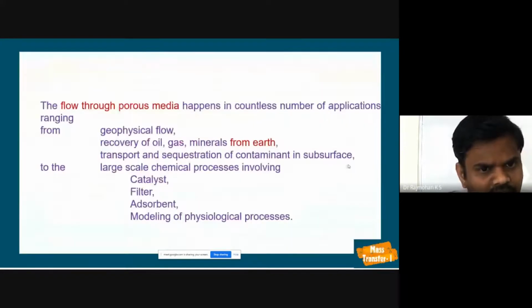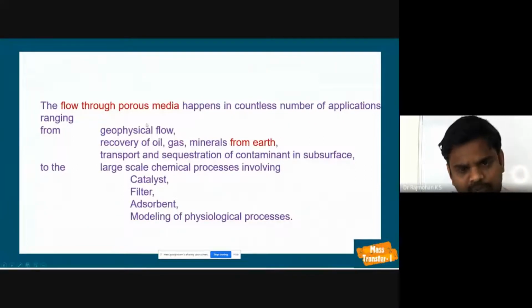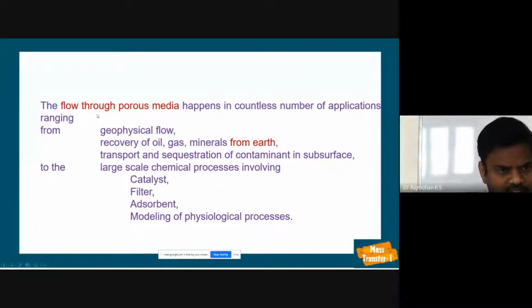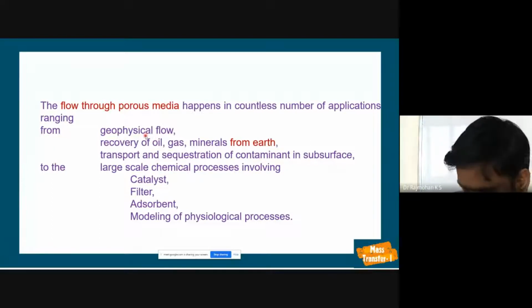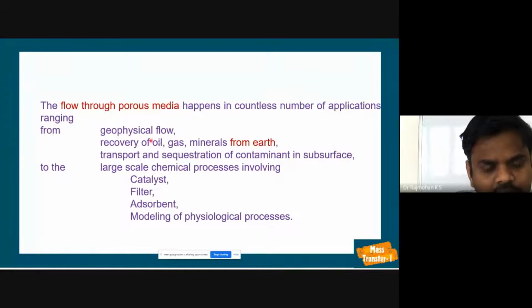It has some significance because flow through porous media happens in various applications, even under the earth. Between the rock pores we have natural gas, gasoline, that is crude, all of that available.